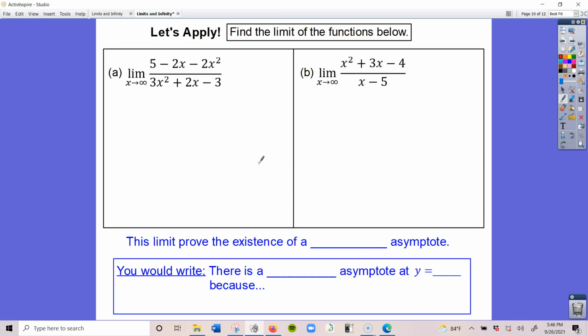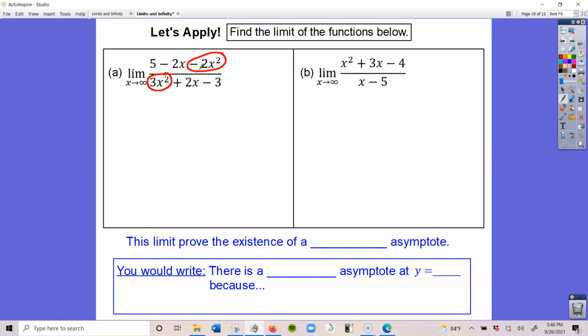So let's try that. Here we have the limit as x is approaching infinity of 5 minus 2x minus 2x squared over 3x squared plus 2x minus 3. So what we're going to do is pull the highest exponent or the leading term of the numerator and the denominator. So here the leading term in my numerator is the negative 2x squared, and the leading term of the denominator is 3x squared.